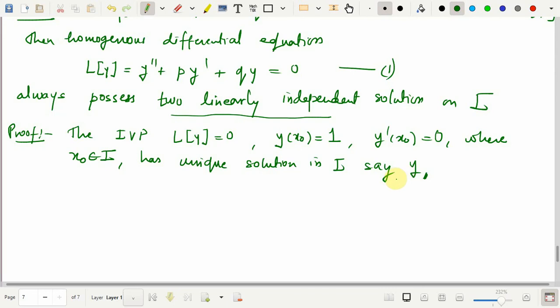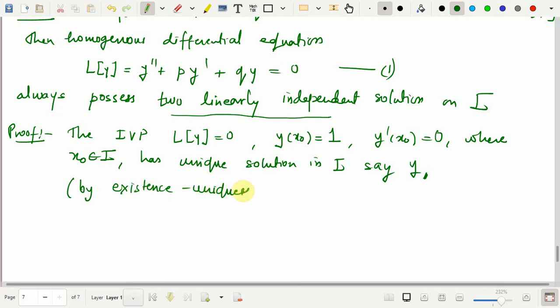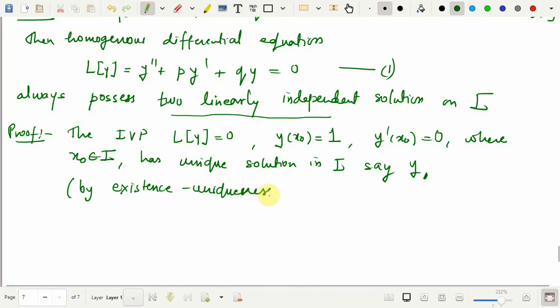So I am trying to get the solution through this initial value problem. So first solution I get from this initial value problem is y1, and this result follows from the existence and uniqueness theorem.